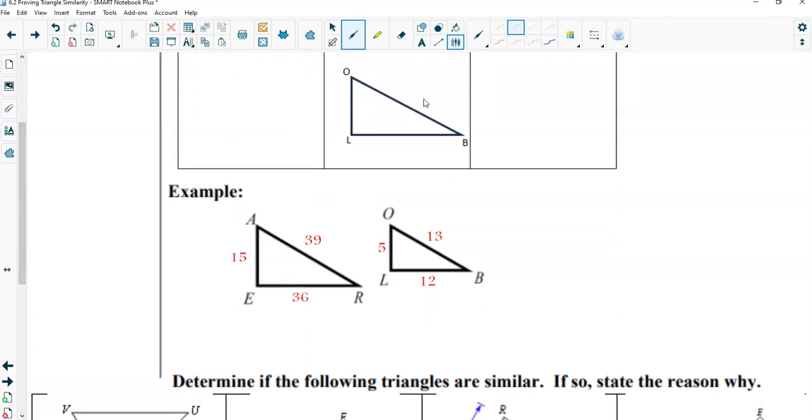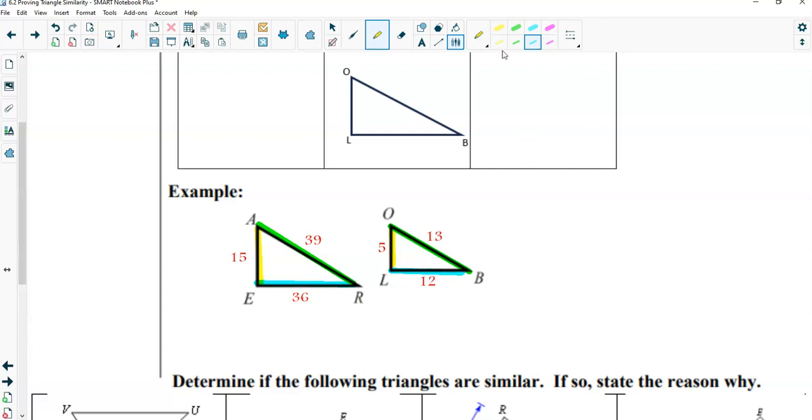Now I'm looking for sides that are corresponding to each other, so I know this short side corresponds to this short side right here. I know that the longest side, which is this one, corresponds to the longest side on this triangle, and therefore the last side, which is the middle, corresponds to this one right over here.